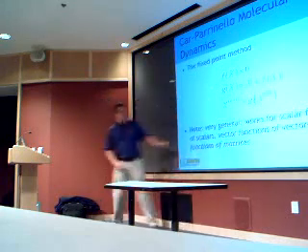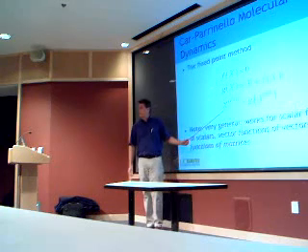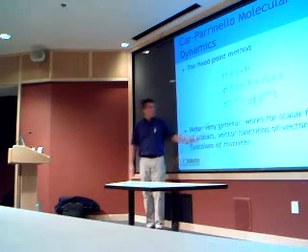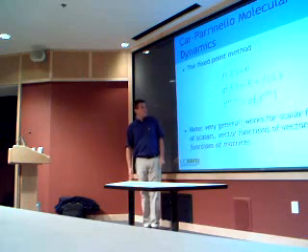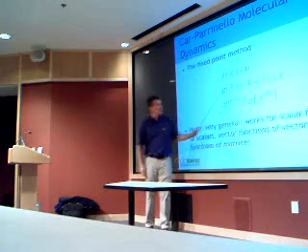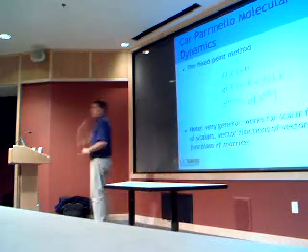Then you compute g of x at your current guess and define that to be your next guess, and you repeat that again and again. At some point, if that converges, you can convince yourself that f of x is 0.